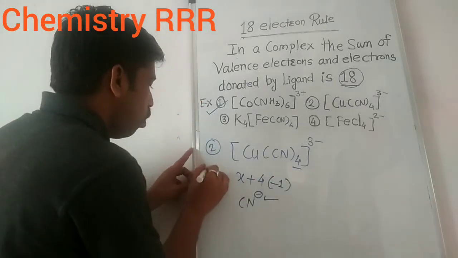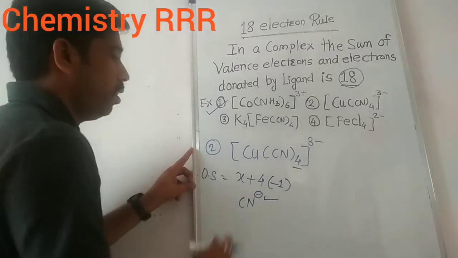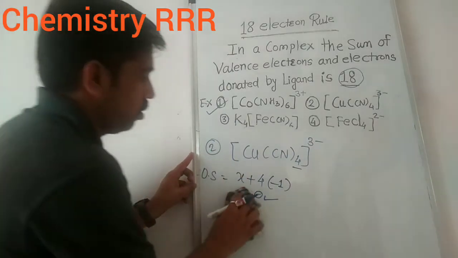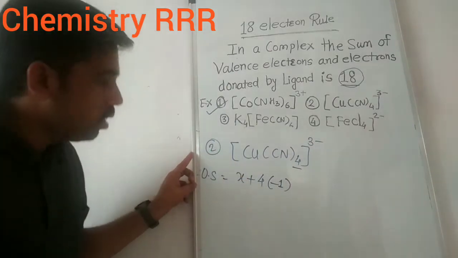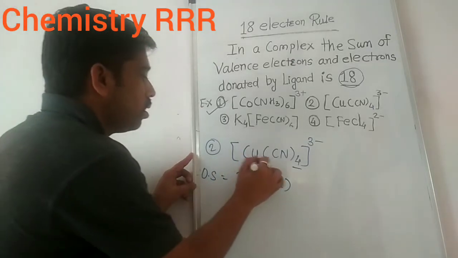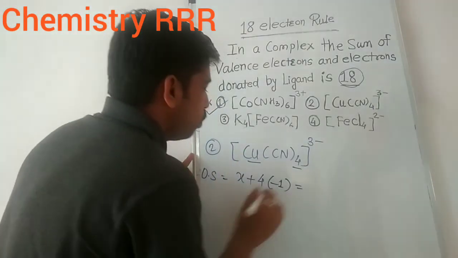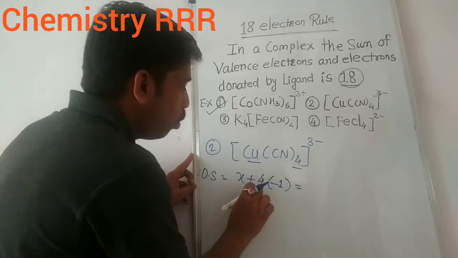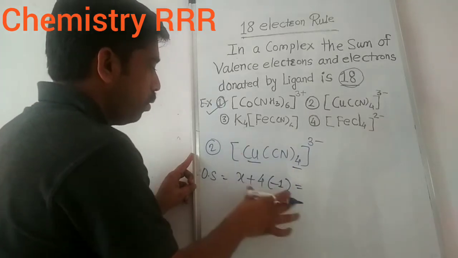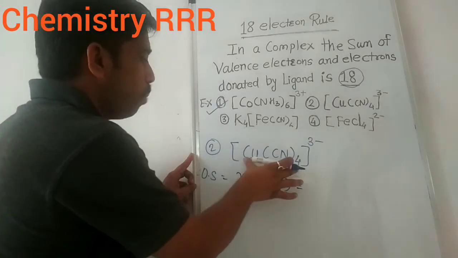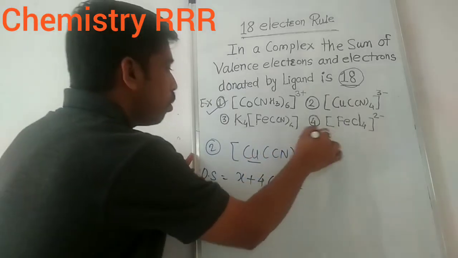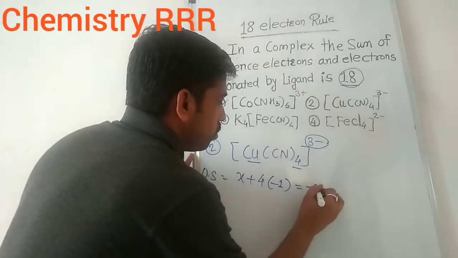First we determine the oxidation state of the central metal, which is equal to X plus 4 into minus 1, which is equal to the charge on the complex ion. The charge present on the complex ion is minus 3.